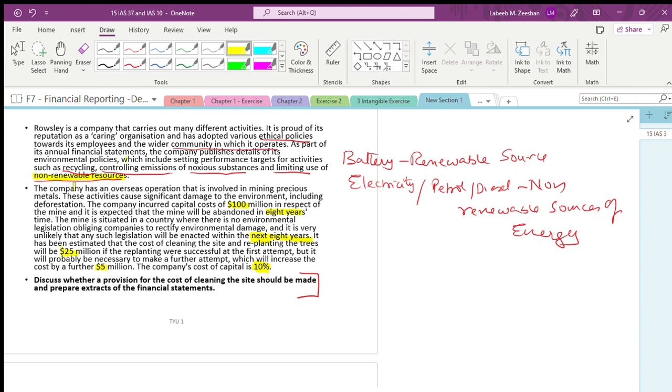Fine, just one minute. 30,000 into 1 divided by 1.1 to the power of 6. 30,000 into 1 divided by 1.1 to the power of 8.